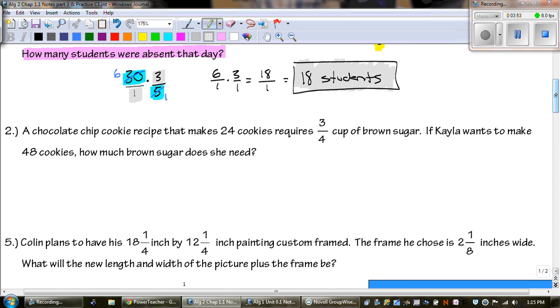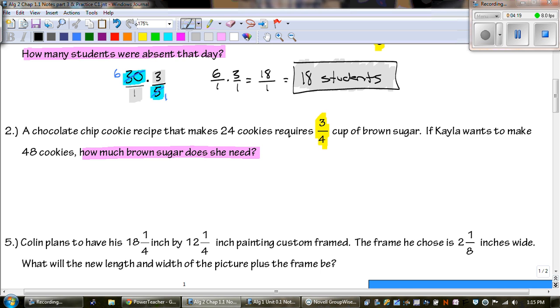All right, number 2. A chocolate chip cookie recipe that makes 24 cookies requires 3/4 cup of brown sugar. If Kayla wants to make 48 cookies, how much brown sugar does she need? Okay, well, the key thing they're talking about here is how much sugar.